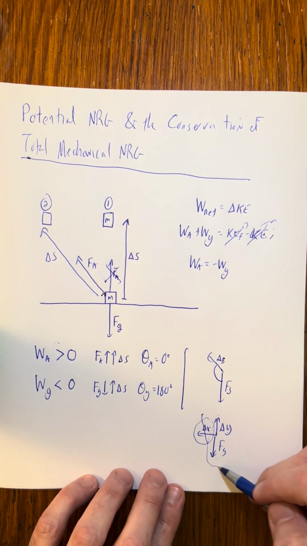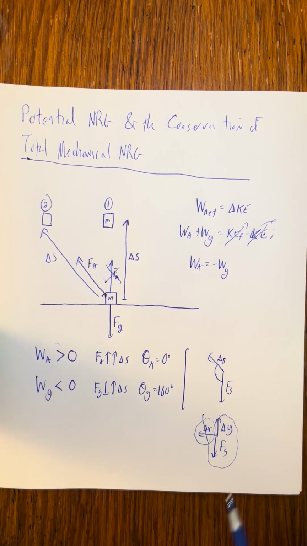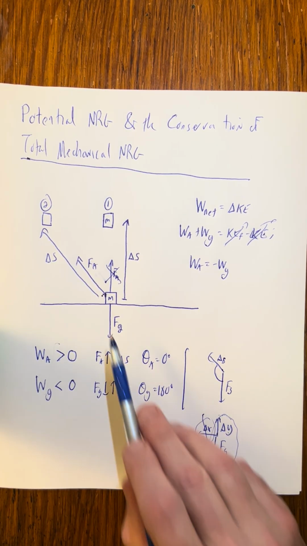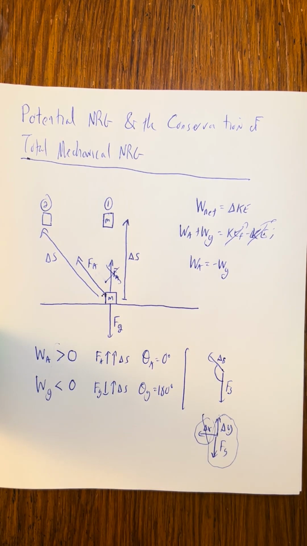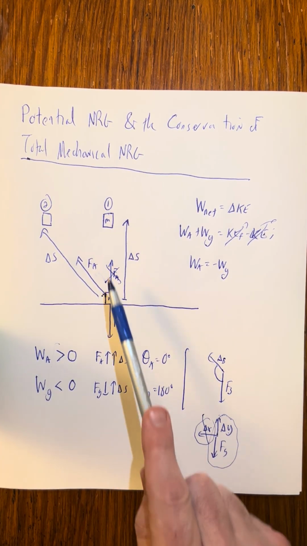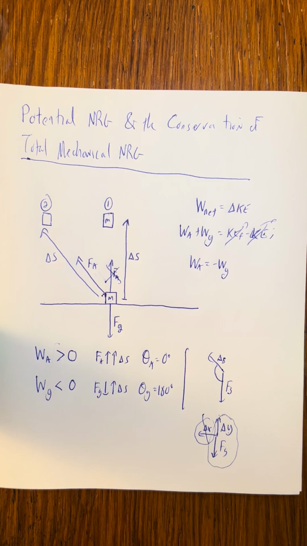And so the only work that matters here is the work done along this vertical. So all that matters here is still that same displacement. So interestingly enough, the work done by gravity is the same going here or going there.